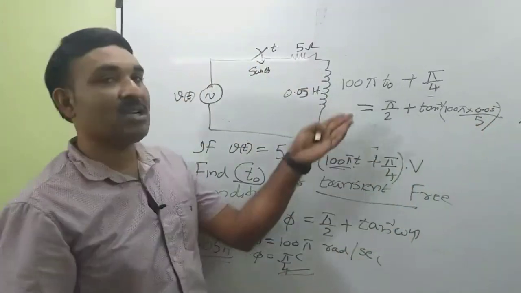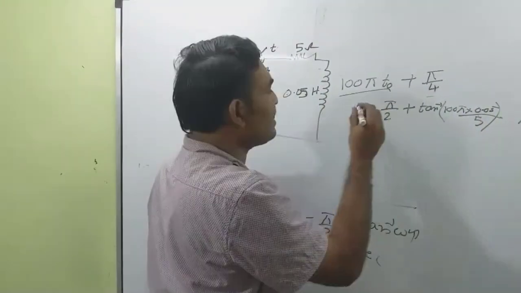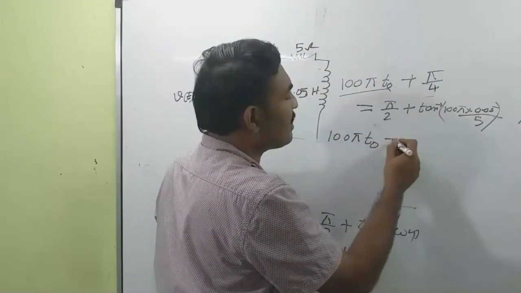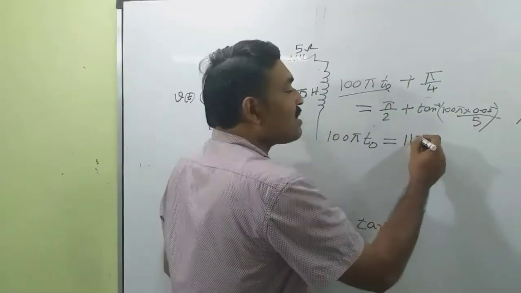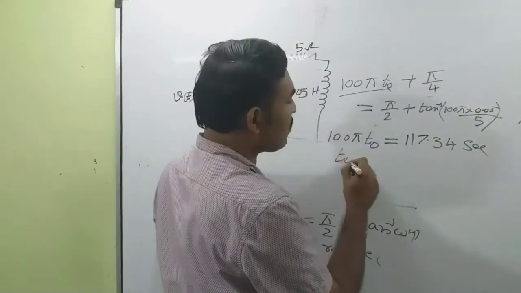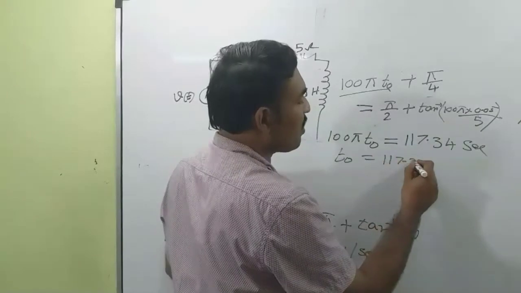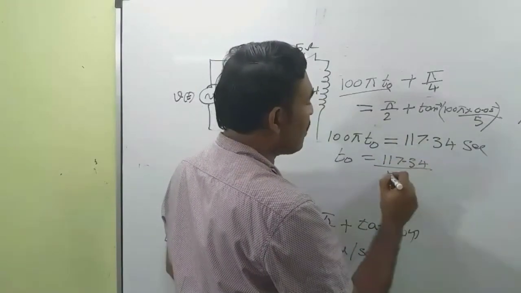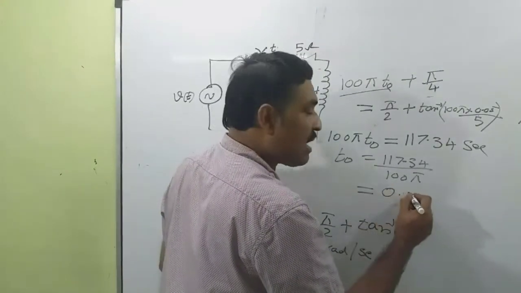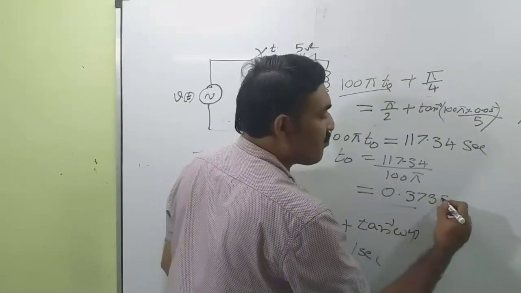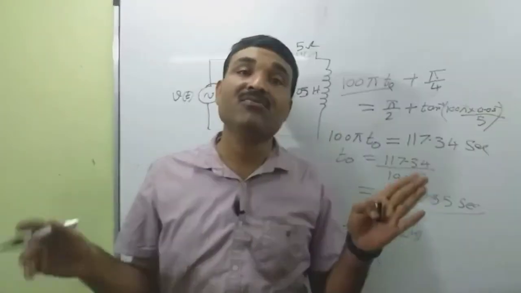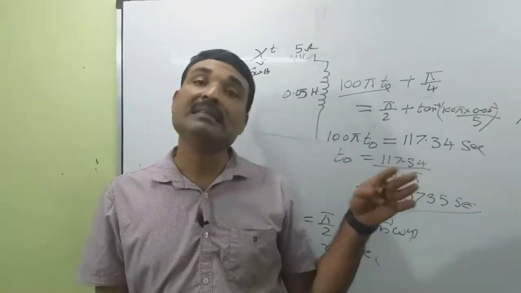So from this expression, we can find the value of t0. By simplifying, we get 100 pi t0 is equal to 117.34 seconds, or t0 is equal to 117.34 divided by 100 pi, which is equal to 0.3735 second. So this AC network becomes transient free at 0.3735 second.